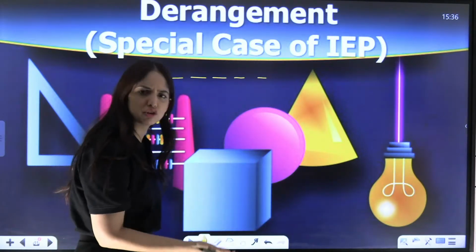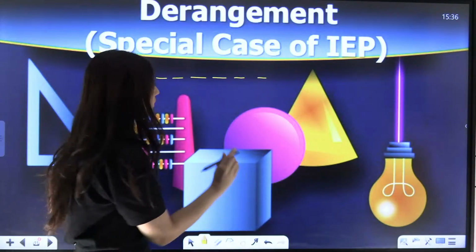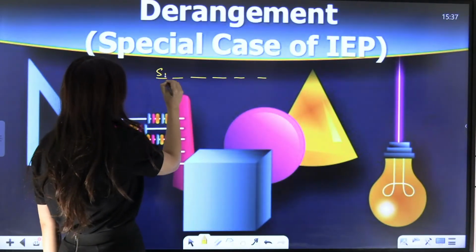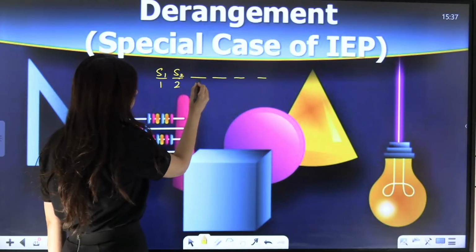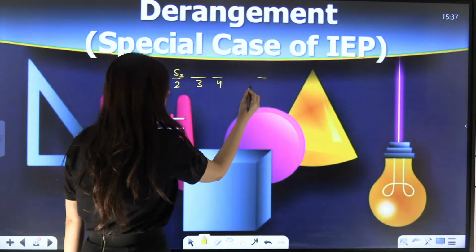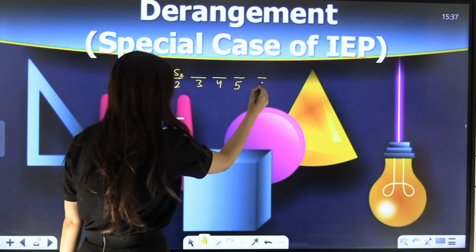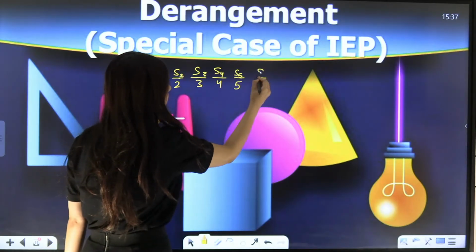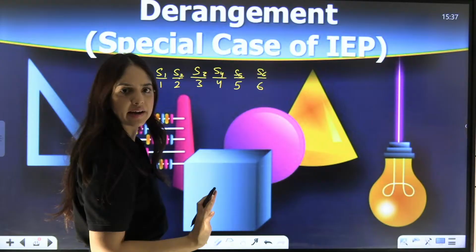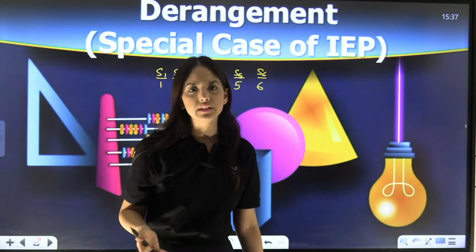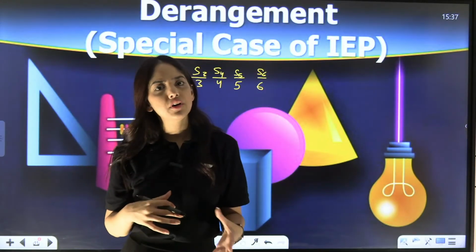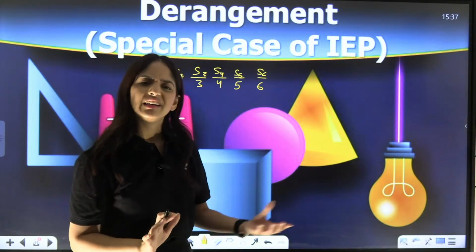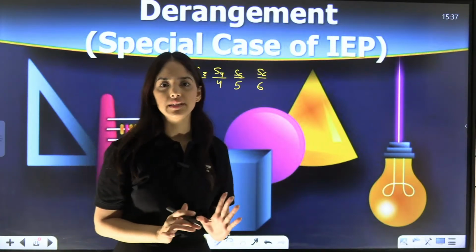Let's say we have n students, say 6 students, and each of them is assigned one seat. Now I want to see how many ways of arranging these 6 students are there such that none of them is sitting in their original seat.